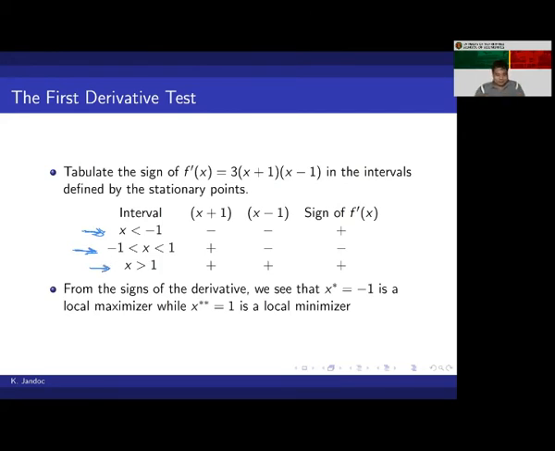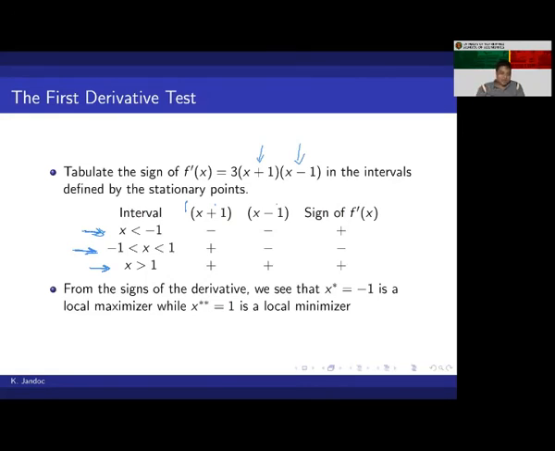When x is less than negative 1, there are two expressions that will govern the sign of f prime of x: x plus 1 and x minus 1. Whenever x is less than negative 1, for example negative 1.5, negative 1.5 plus 1 is negative 0.5, so it's still a negative number.